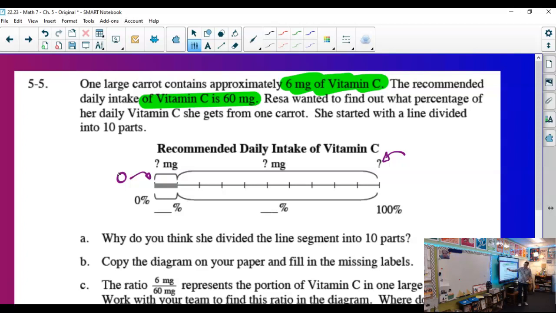So what she's looking at right there, that's 6 milligrams. The total that she needs to eat. Ooh, 6 and 60. 6 and 60 seem a little nice.